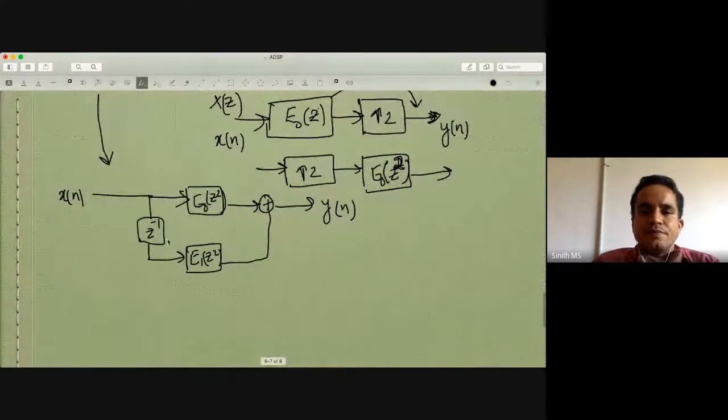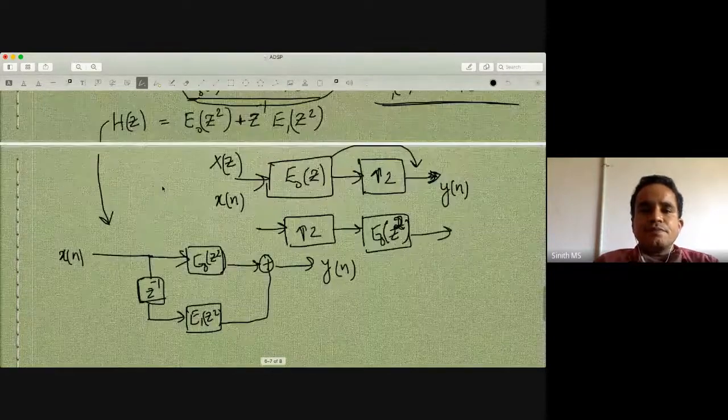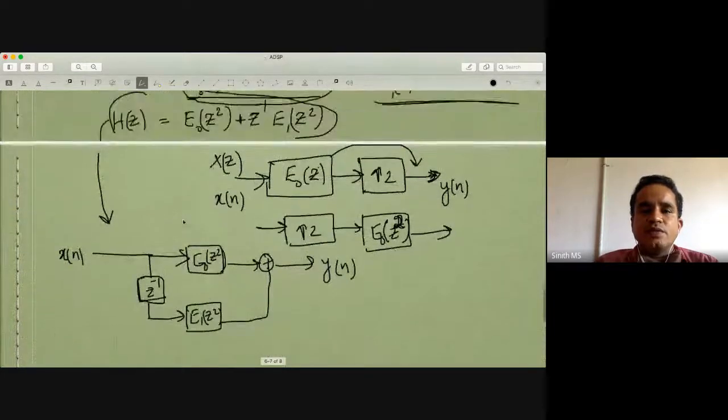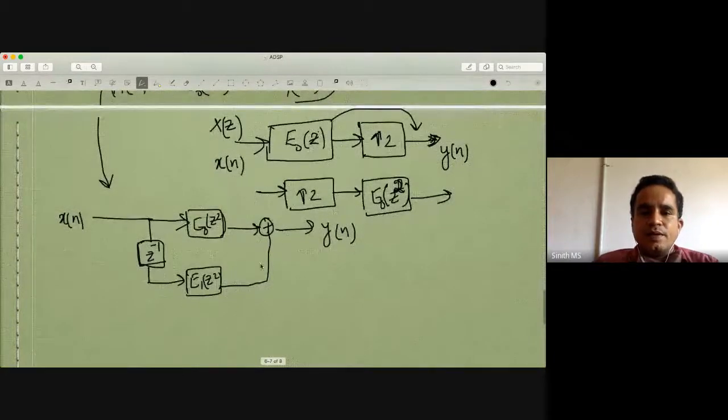Here you put the delayed version because you are implementing this.